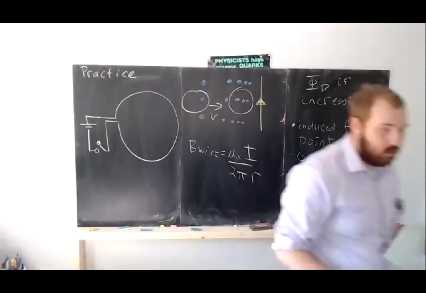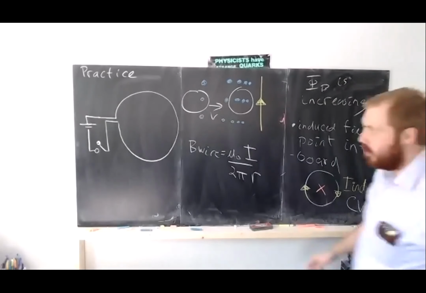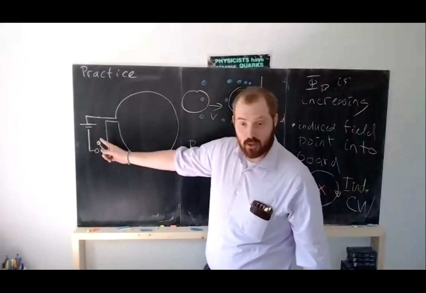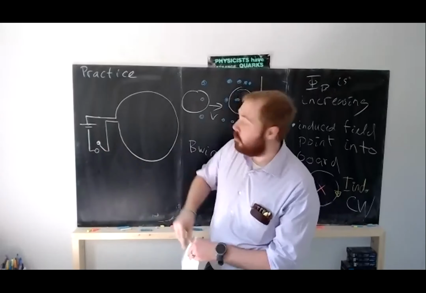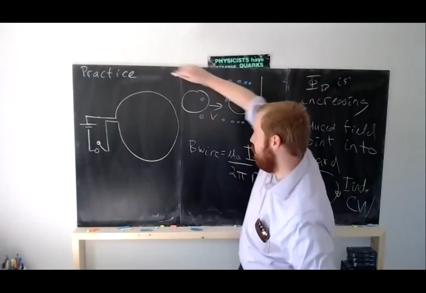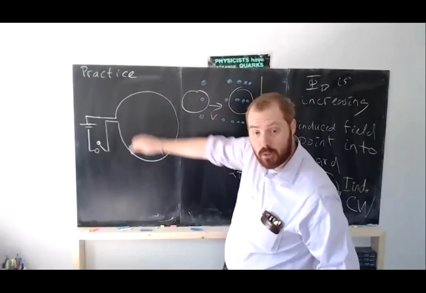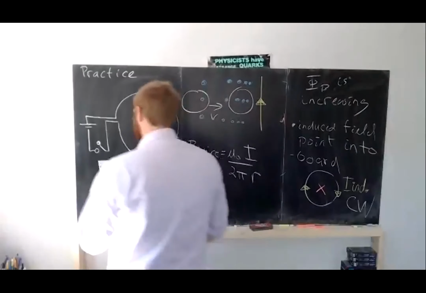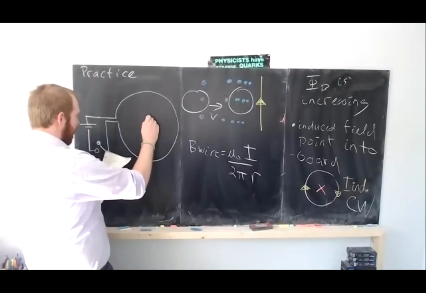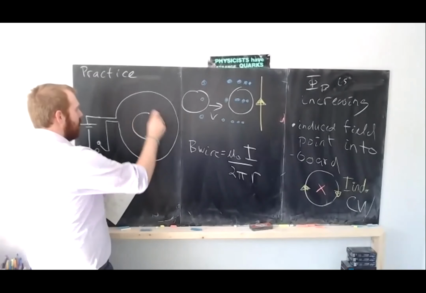I've got a switch, and I can play when the switch is open or closed. When I close it, I see current going around clockwise in this big loop. And then I'll put a tinier loop inside.